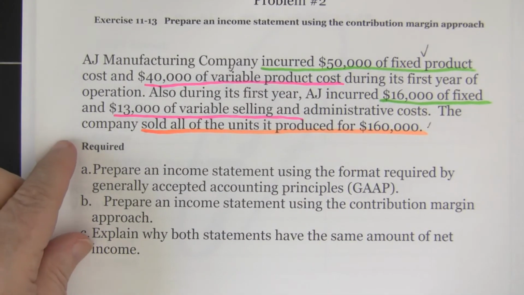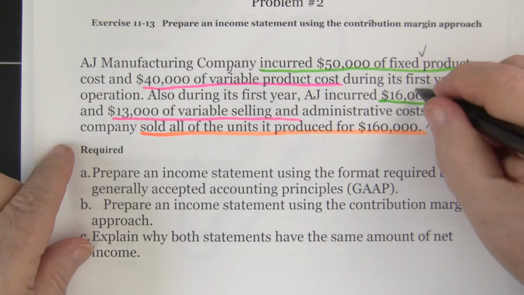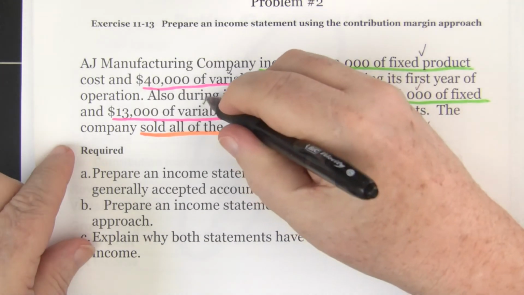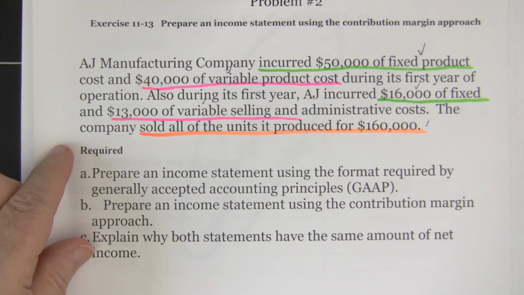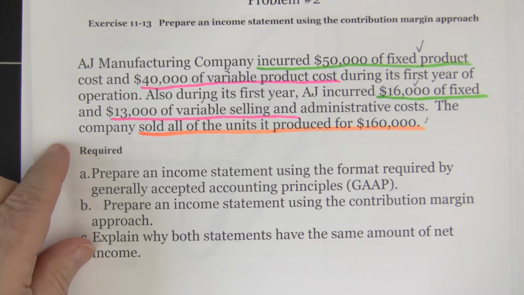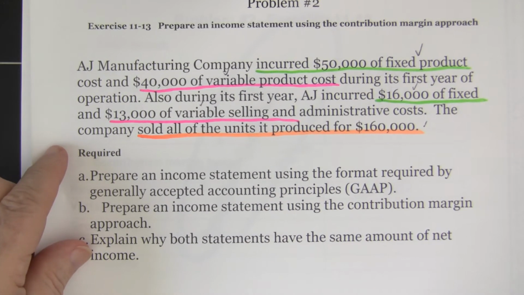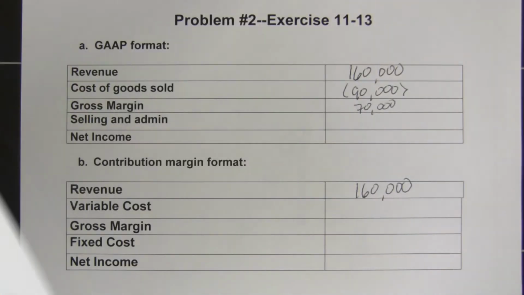Selling and administrative cost, again, they give us this. They give us $16,000 of fixed and $13,000 of variable. In the traditional format, we don't care if the costs are fixed or variable. We care what they do, not how they do it.